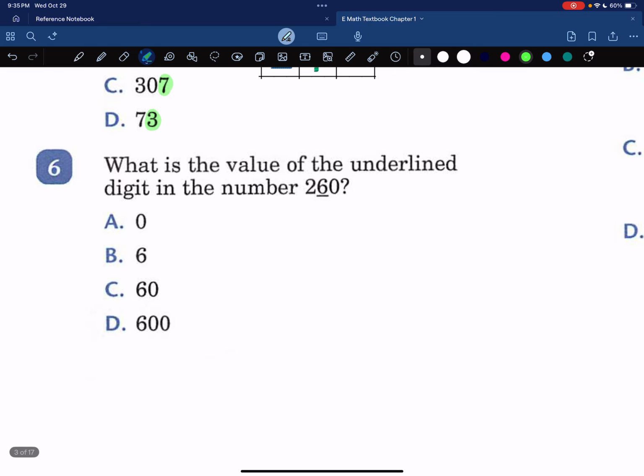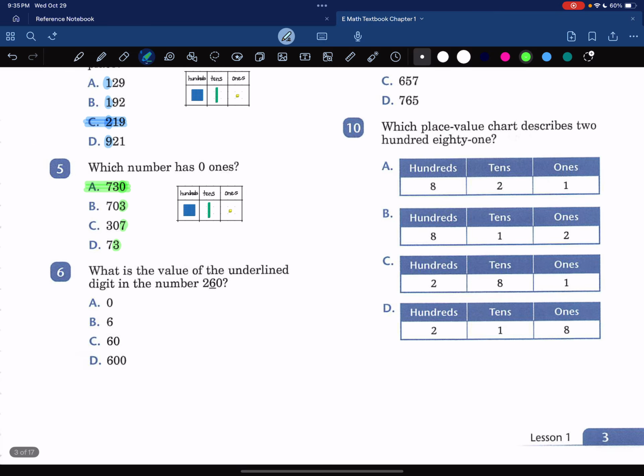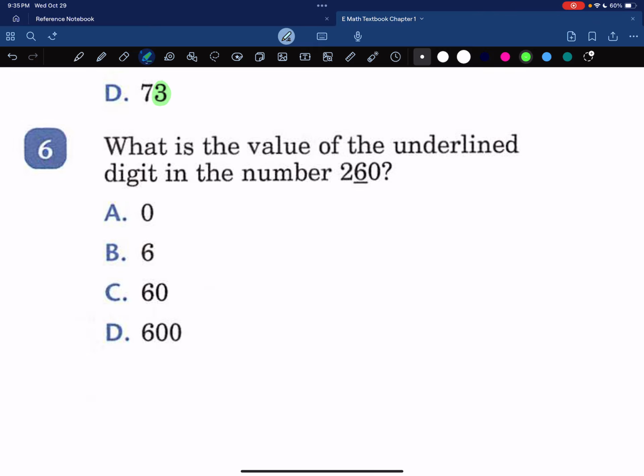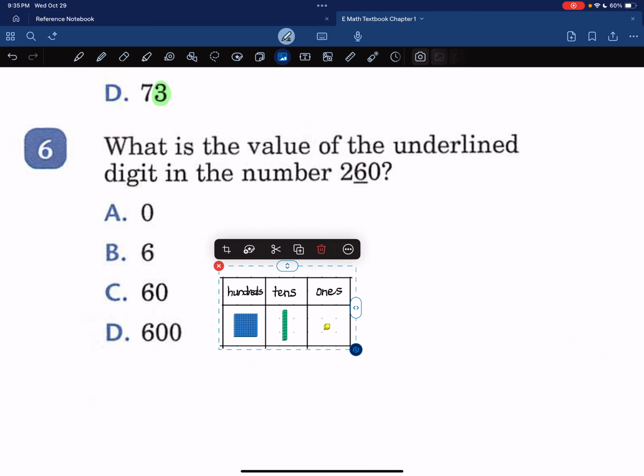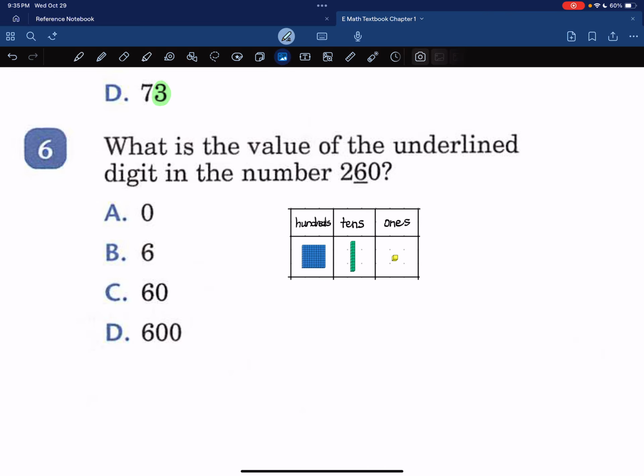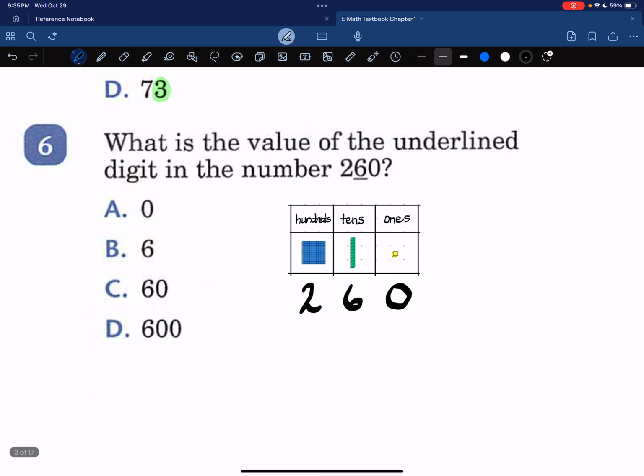What is the value of the underlined digit in the number 260? So line that number up with your chart. Even if you don't do it on paper, do it mentally. Now, you can do it on scrap paper anytime. And this is the one that's underlined.